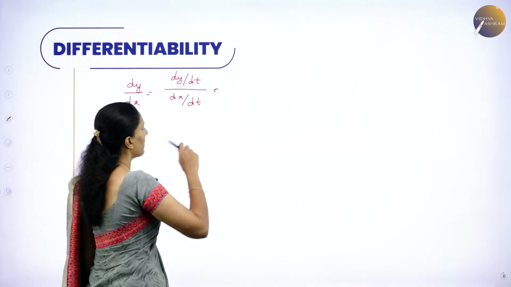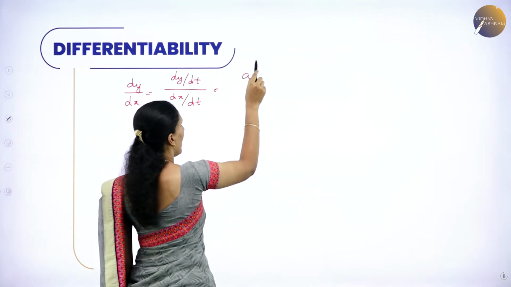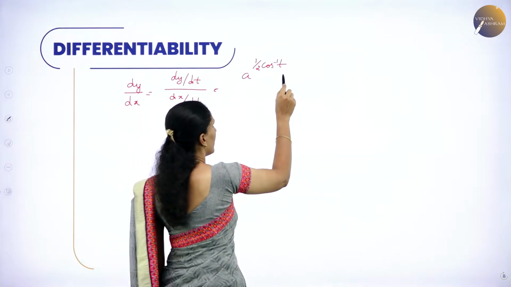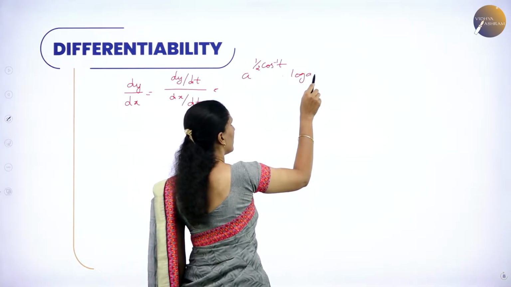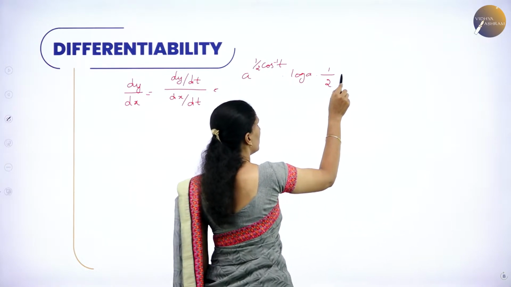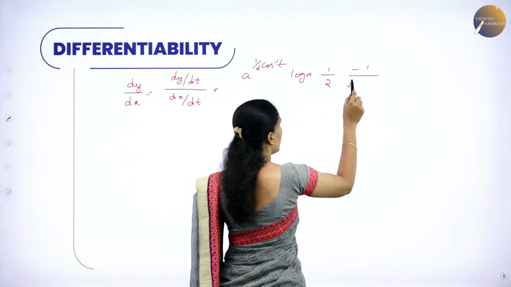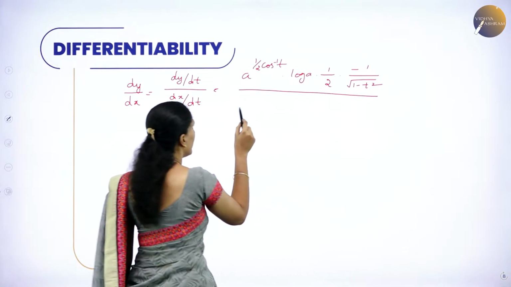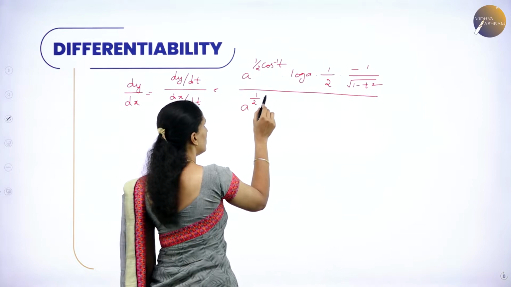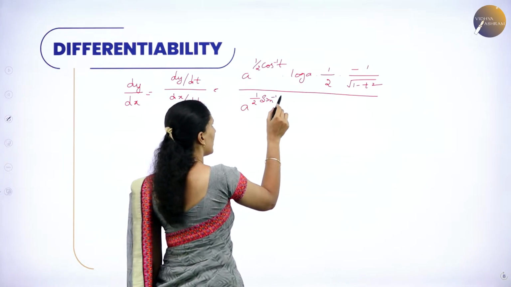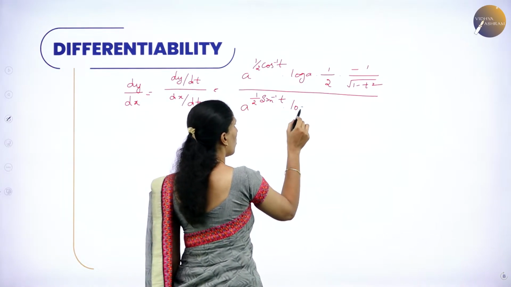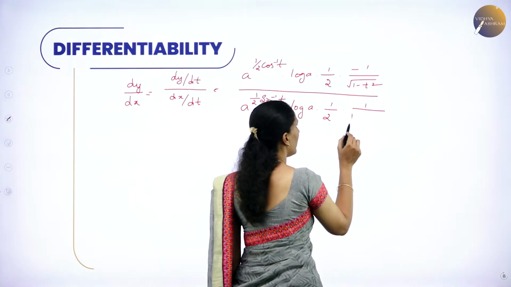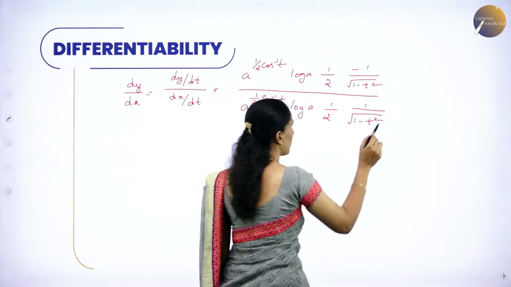So what is dy/dt here? a^(1/2 cos inverse t) into log a into 1/2 into minus 1 by root of 1 minus t square, whole divided by a^(1/2 sine inverse t) into log a into 1/2 into 1 by root of 1 minus t square.